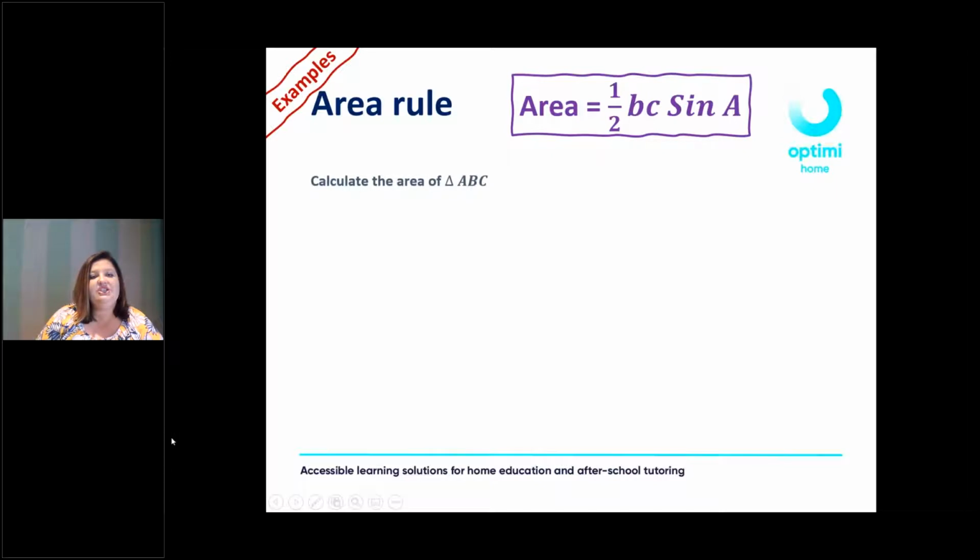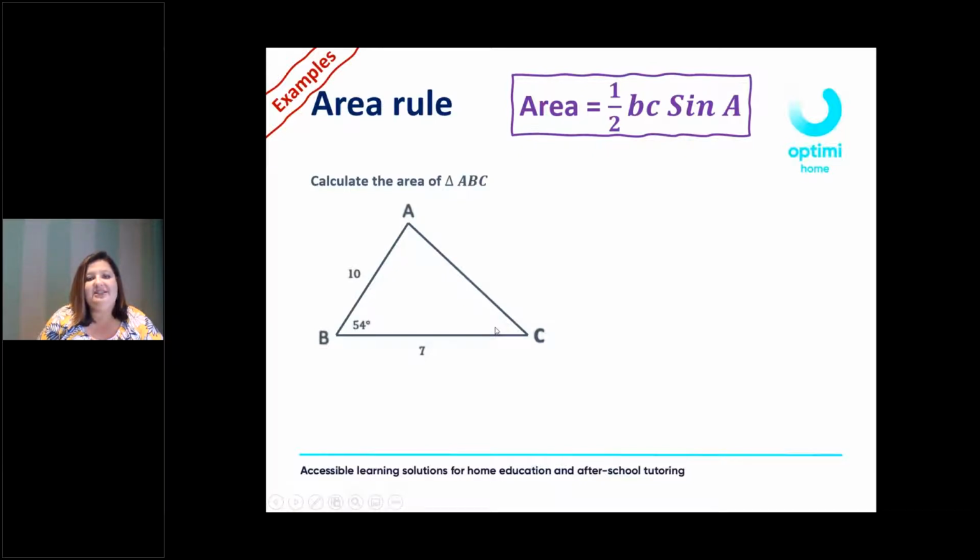Right. So they ask a very simple question over here. Calculate the area of triangle ABC. So wonderful. I see that I have two sides over there and I have an included angle. But for the purpose of showing you how I'm going to substitute it into this equation, I'm just going to name my sides quickly. So my angles are labeled very clearly over here.